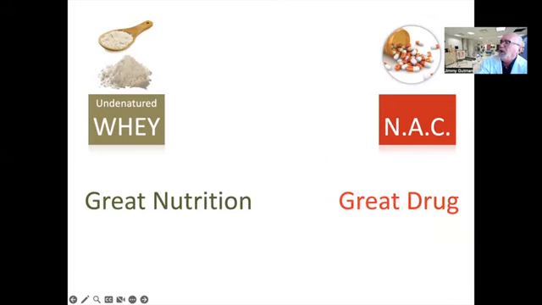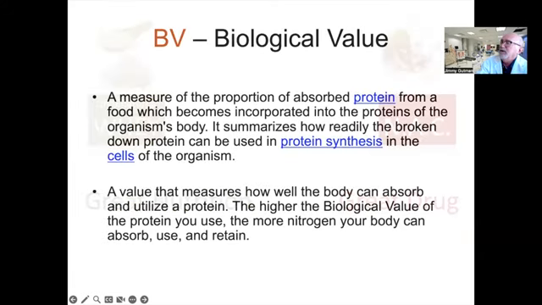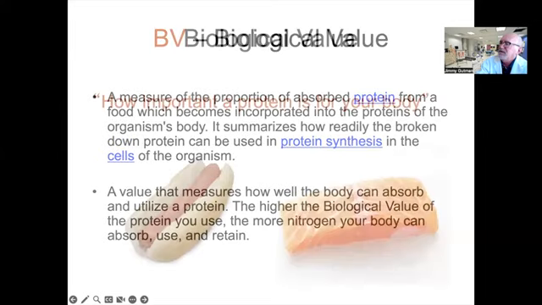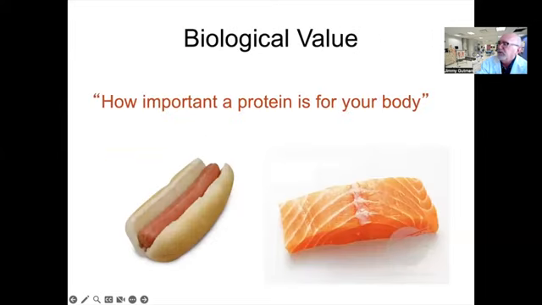Let's look at why whey is considered great nutrition. Well, what is biological value? It's a measurement of how valuable a protein is to your general metabolism. Clearly, different proteins differ in their value to your general nutrition.